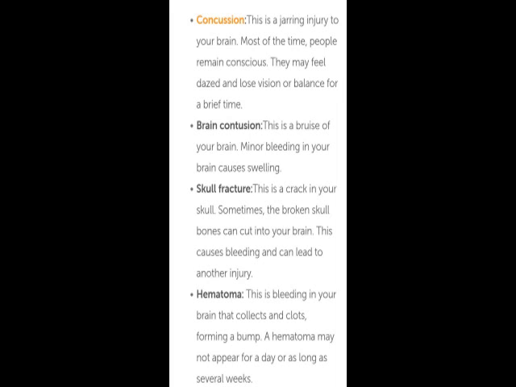It can occur with or without brain damage, and the symptoms include pain, fluid leaking from the nose or ears, or bruise behind the ears or around the eyes. Next one is the hematoma. It is a collection of blood within the skull. That means the blood collection is within the brain tissue or underneath the skull.